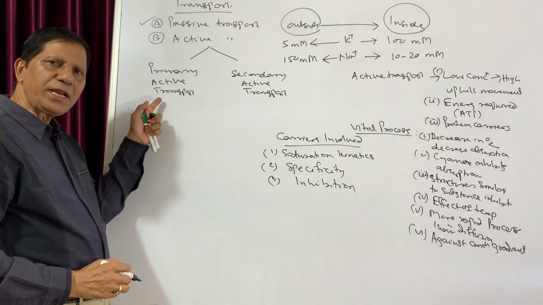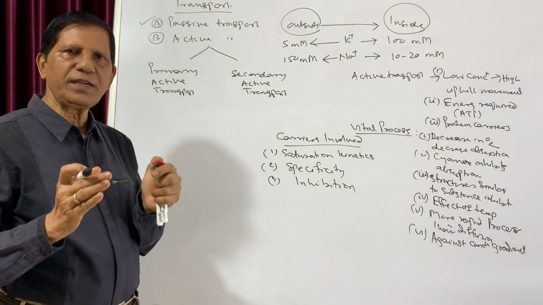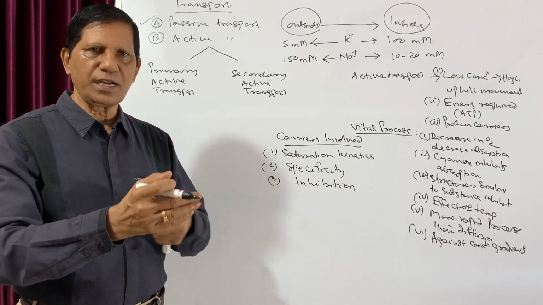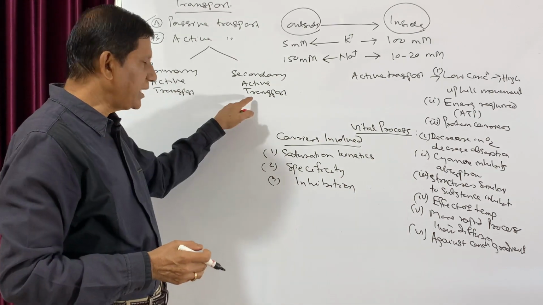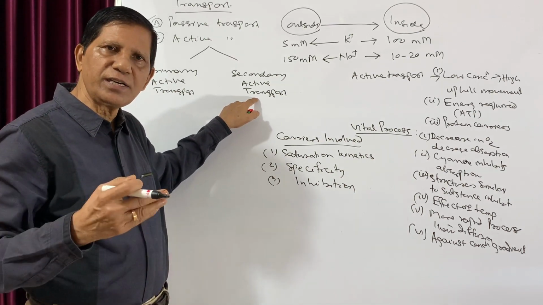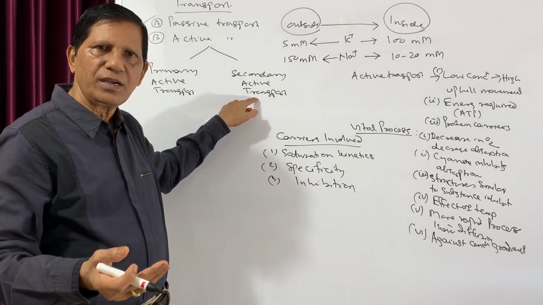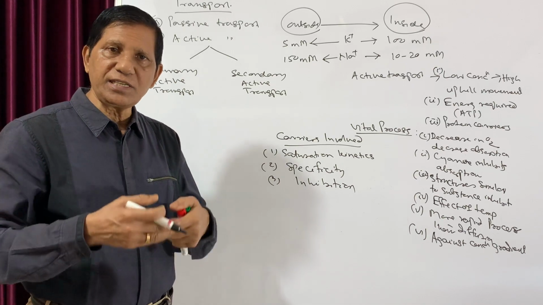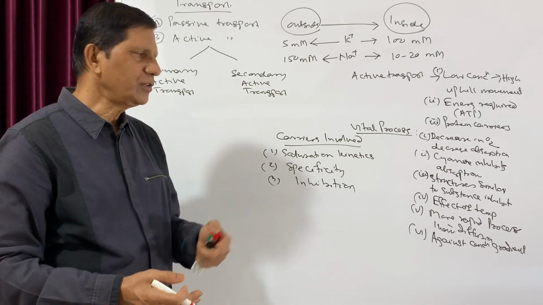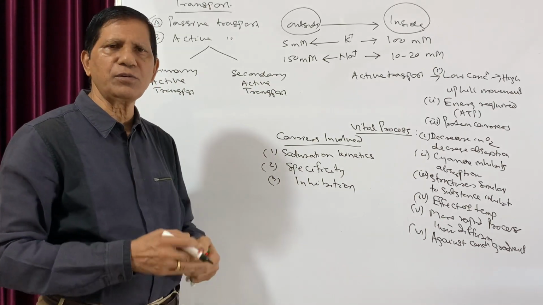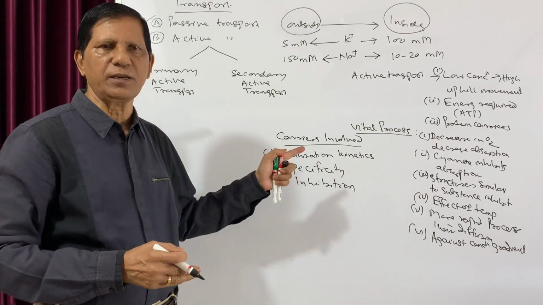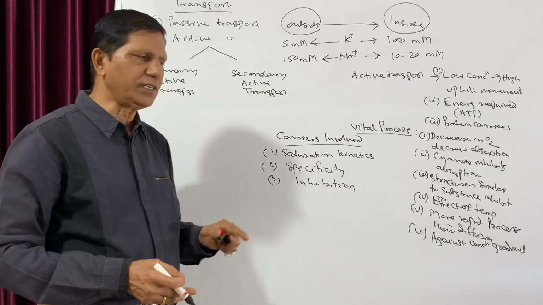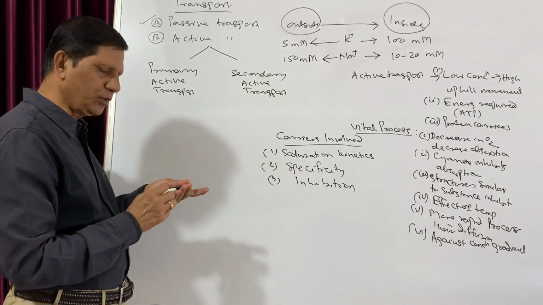In primary active transport, the metabolic energy ATP is directly utilized for the transport of substances. But in secondary active transport, the metabolic energy or ATP is not directly used. It is accompanied with some coupled reactions. When energy is used for some other reaction, it will take place at that time. There is no direct metabolic energy for this. That means for this type of transport, there is always a coupled reaction. This is the basic difference between the two.